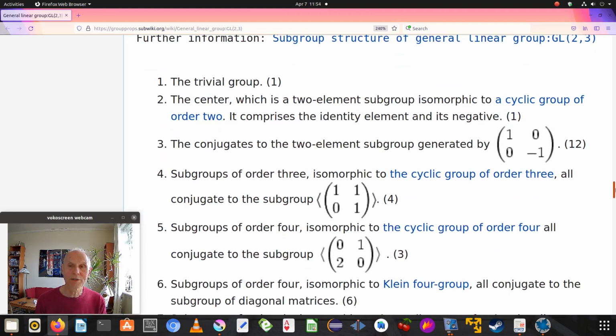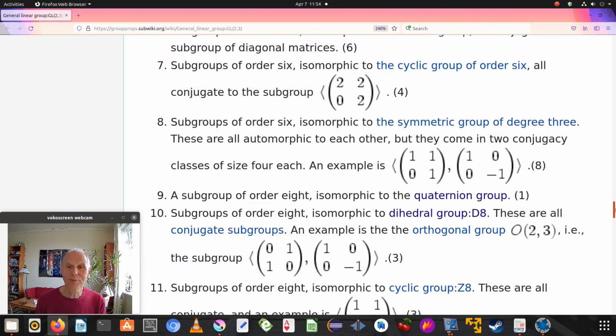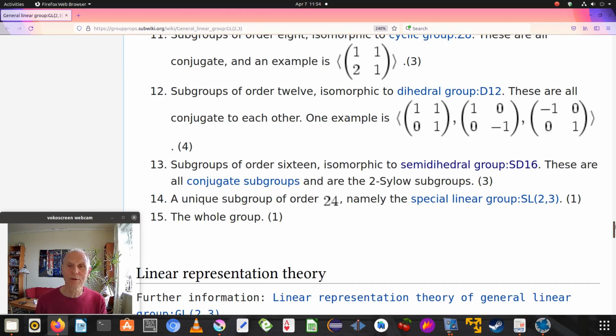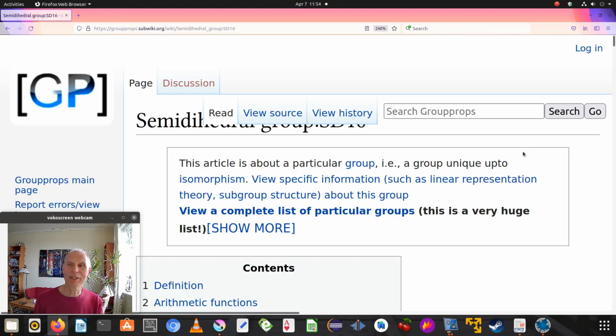Group properties, subgroups, here we go. Subgroups of order 16, isomorphic to the semi-dihedral group SD16. Now what's that for a guy?